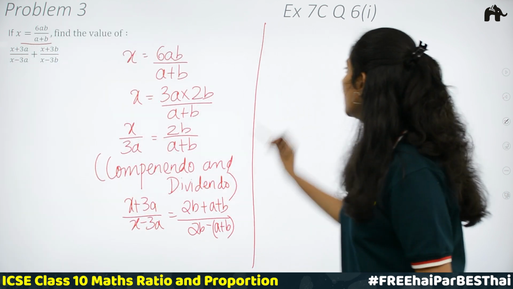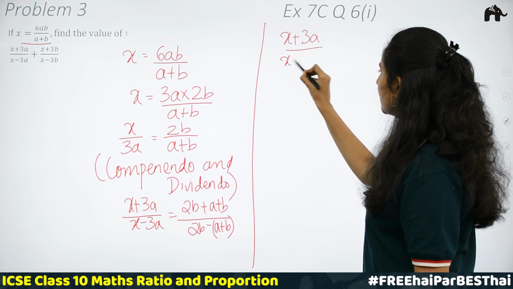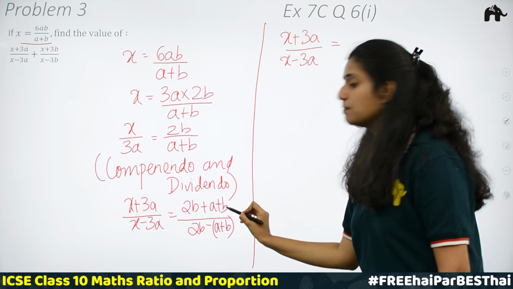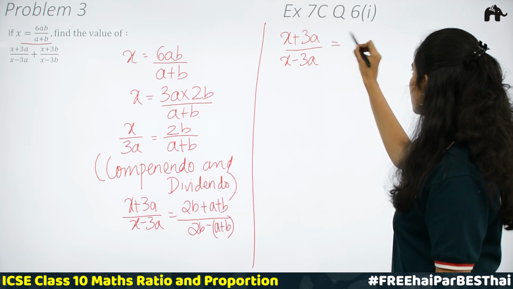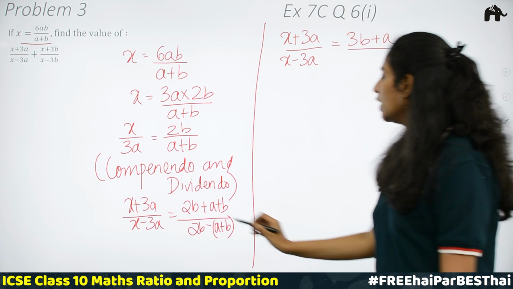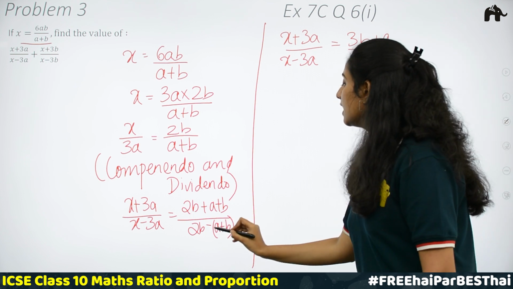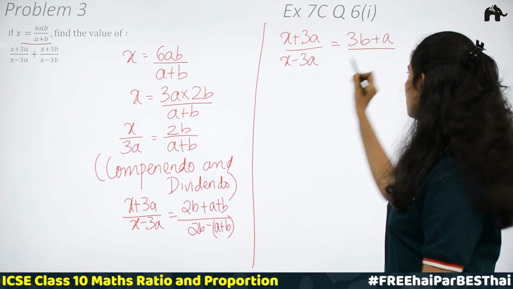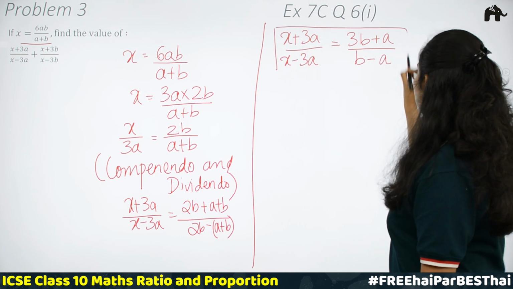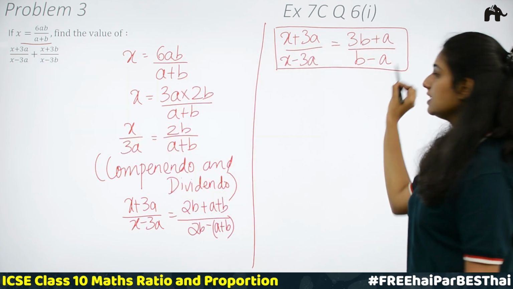That is (x plus 3a) divided by (x minus 3a) is equal to 2b plus b is 3b, 3b plus a, divided by 2b minus b, that is b. Here we have minus a, b minus a. Okay, we got the first part. Value of this part is this much.